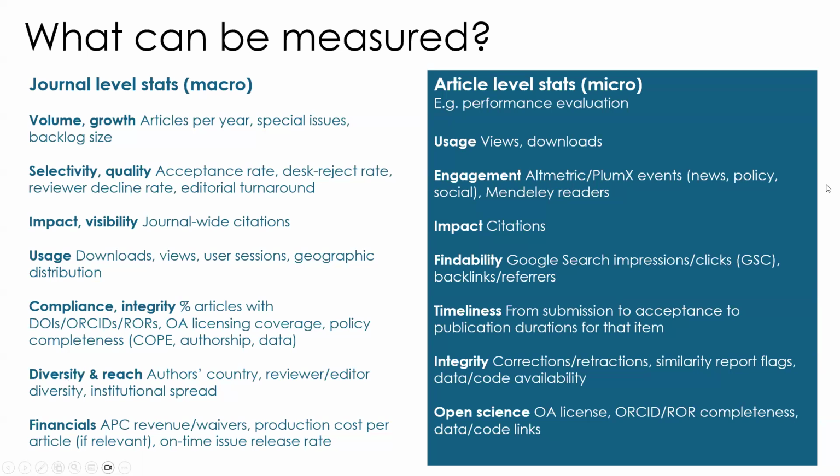My interest is more in article level metrics on micro level. In other words, how does an individual article perform? How frequently is it cited, read, downloaded, or whatever you want to measure? And article level statistics are also important for individual authors because they can use it as part of their performance evaluation.